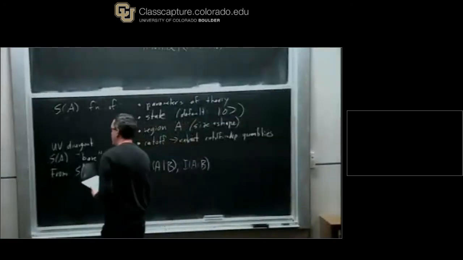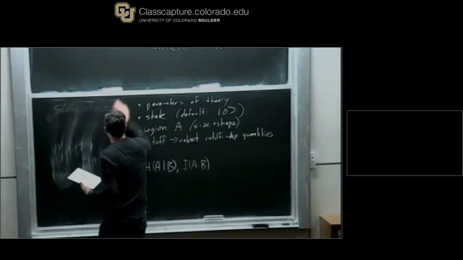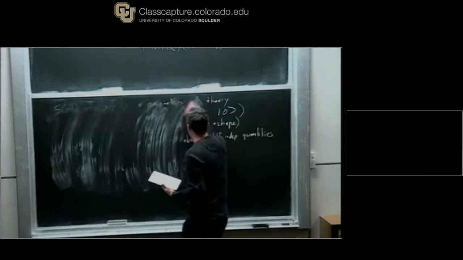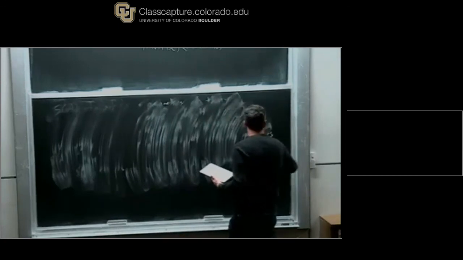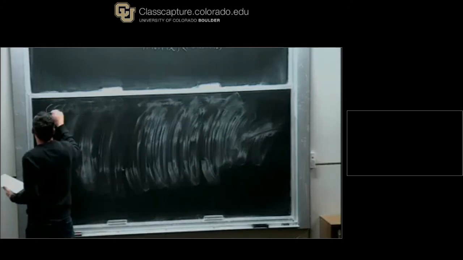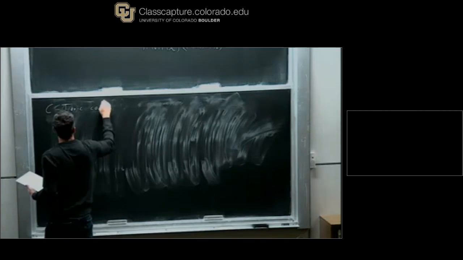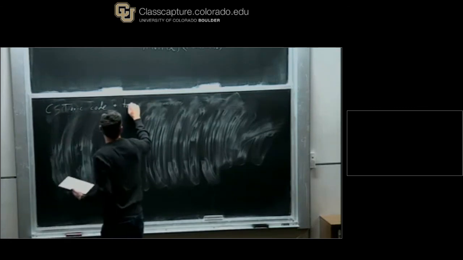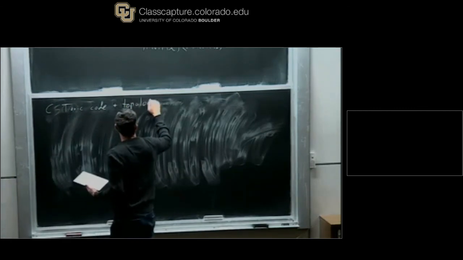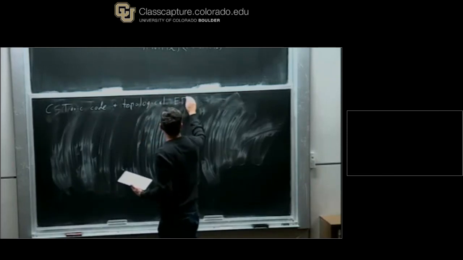Okay. So what I wanted to do next is a concrete and very beautiful example of a lattice system that is solvable and where you can compute very simply the entanglement entropy and see these behaviors.